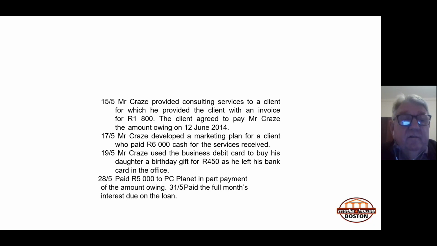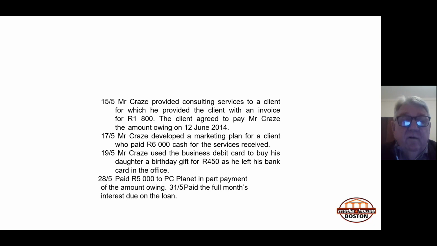We provided a service. Okay, so that will be income. We issued the client with an invoice of 1,800, and the client agreed to pay the next month. In other words, this is money still to be paid to the company. So the client is the accounts receivable or the debtor.